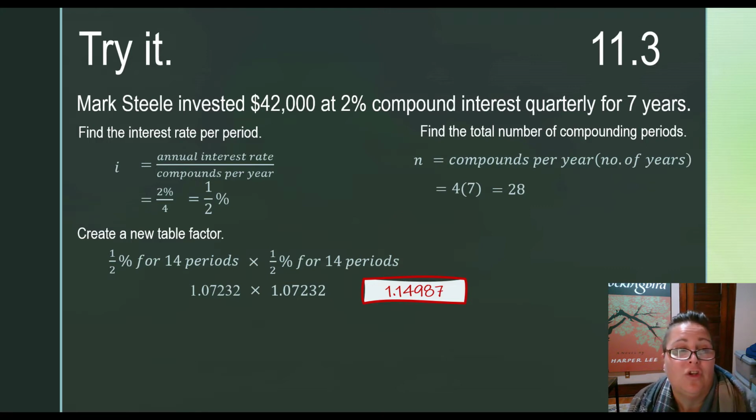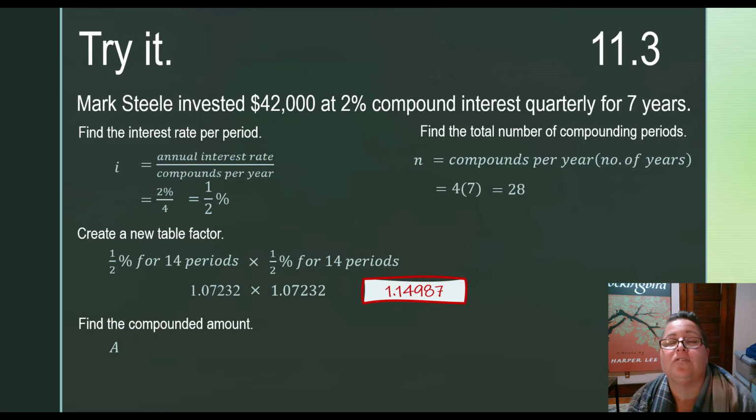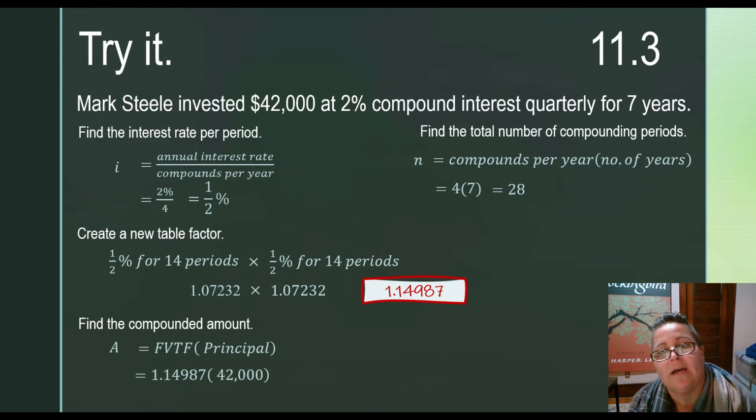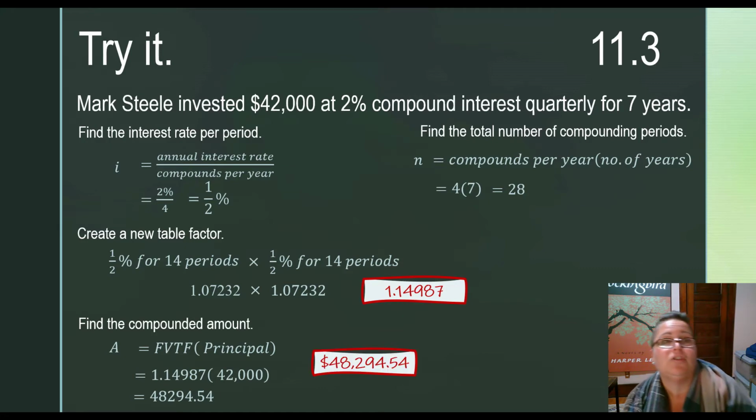That's my brand new table factor. If I have to calculate the compounded amount, I'm going to take the future value table factor that I just found and multiply that by 42,000. So I'm going to take 1.14987 multiplied by 42,000 to get $48,294.54.